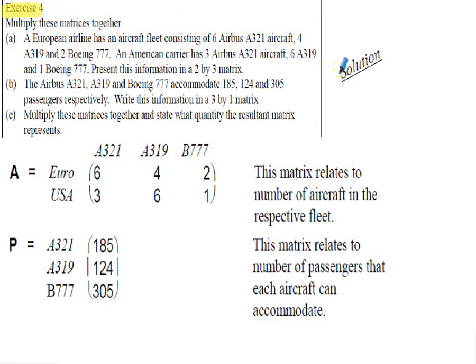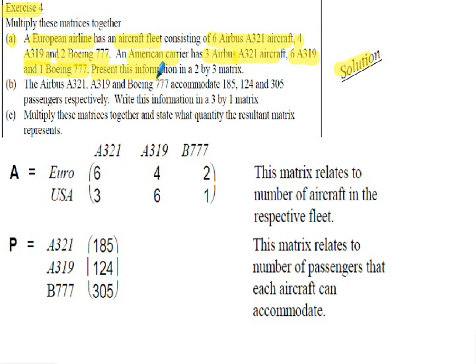Exercise 4 solution. Part A, we were informed that the European airline has an aircraft fleet consisting of 6 Airbus A321 aircraft, 4 A319 aircraft and 2 Boeing 777 aircraft. An American carrier has 3 Airbus A321 aircraft, 6 A319 aircraft and 1 Boeing 777 aircraft.